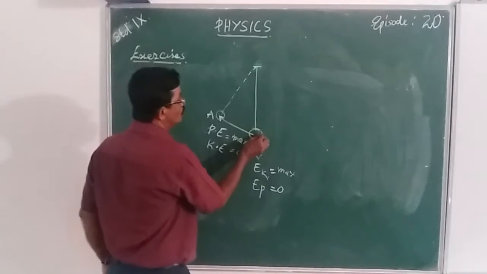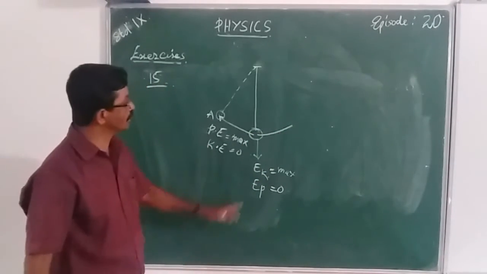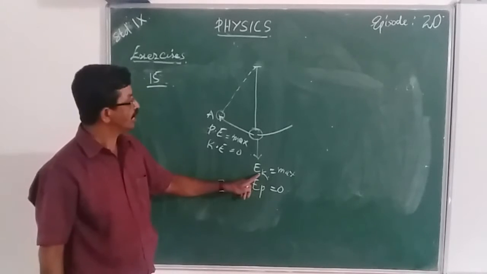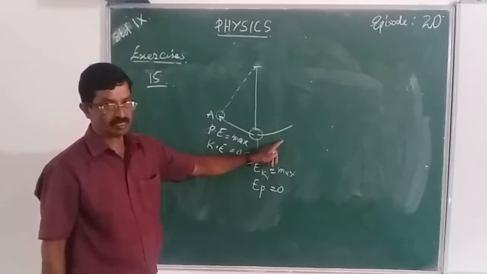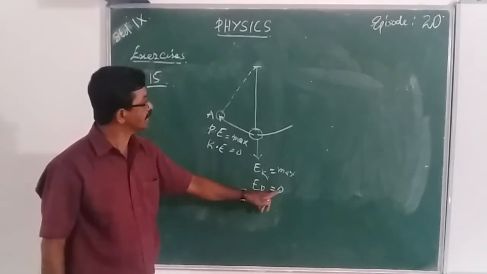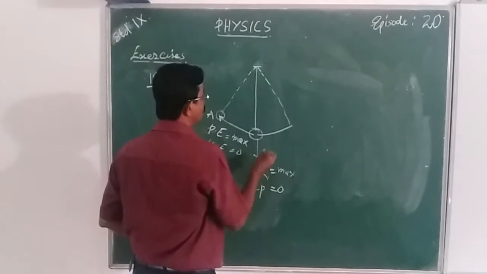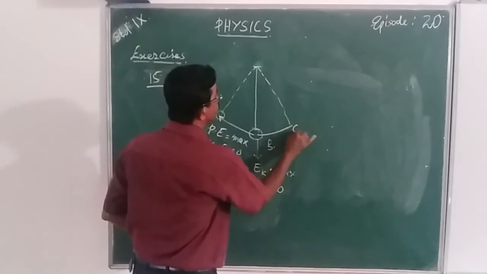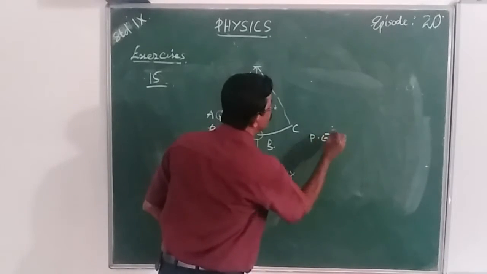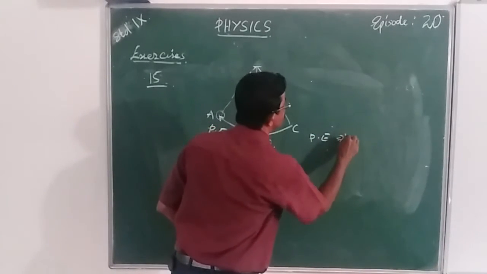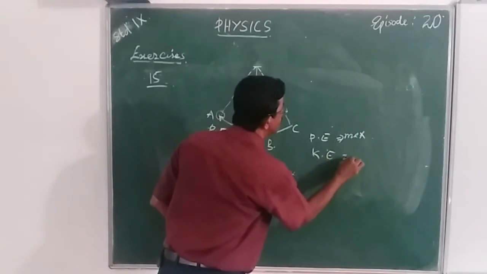Then the bob moves to this side, and its kinetic energy slowly decreases and potential energy increases. At position C, potential energy again becomes maximum and kinetic energy becomes 0.